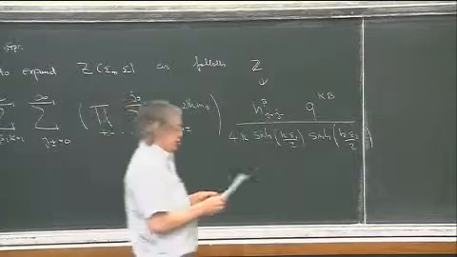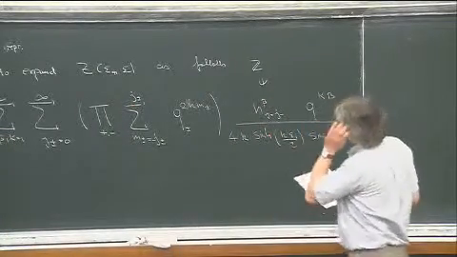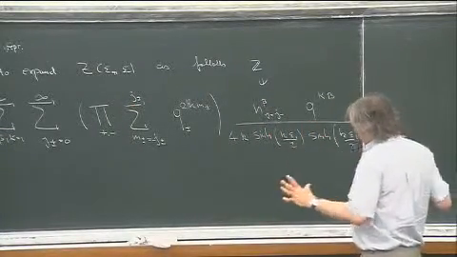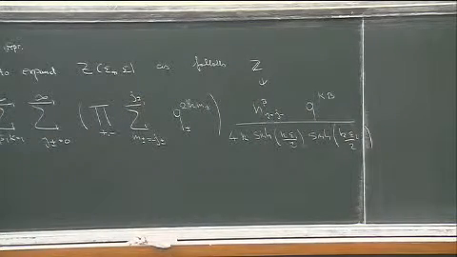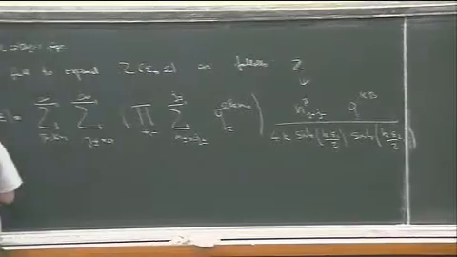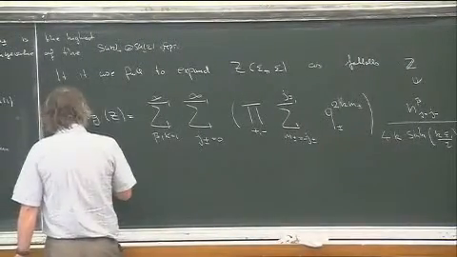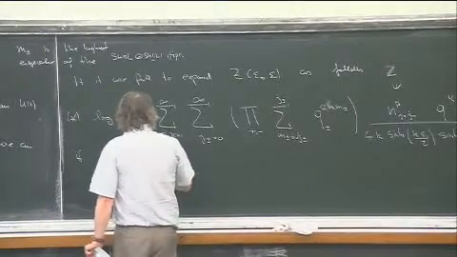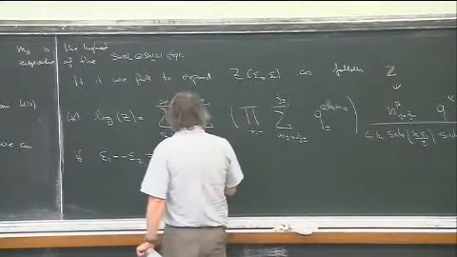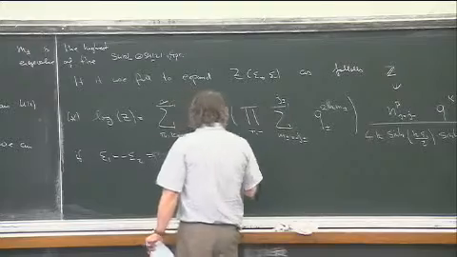Now you can ask yourself what happens if you make contact with the topological string again. If epsilon 1 equals minus epsilon 2 equals i g_s, that means that epsilon plus is actually 0.